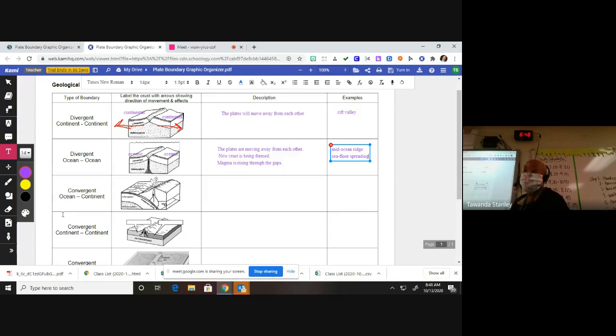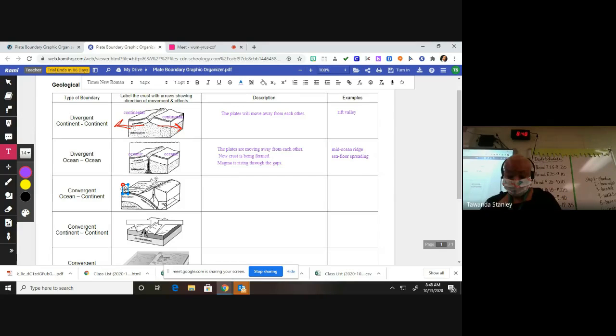It's going to be important for us to put the correct labeling, all right? Because this to me looks like a little wave, I'm going to label that side as oceanic. And then the other side, I am going to label continental.